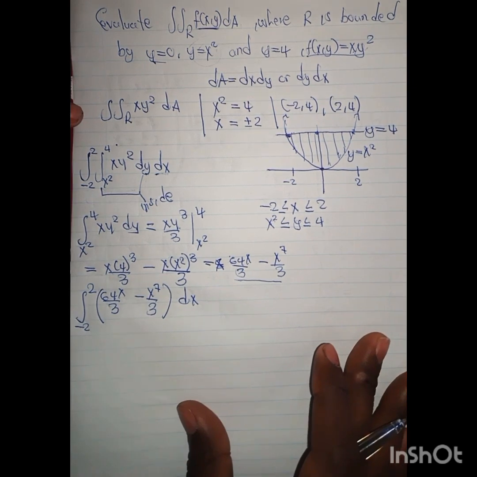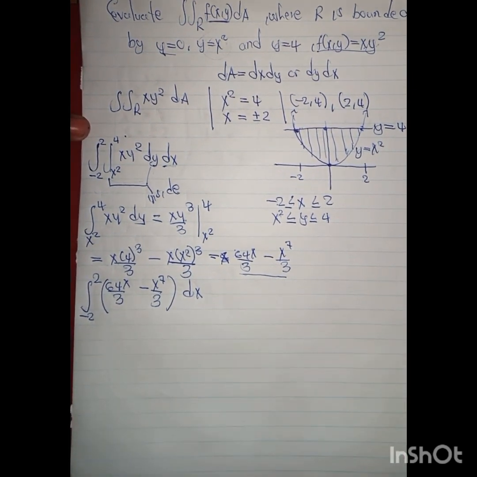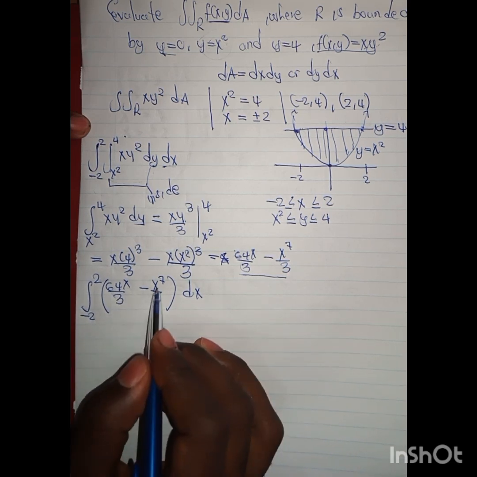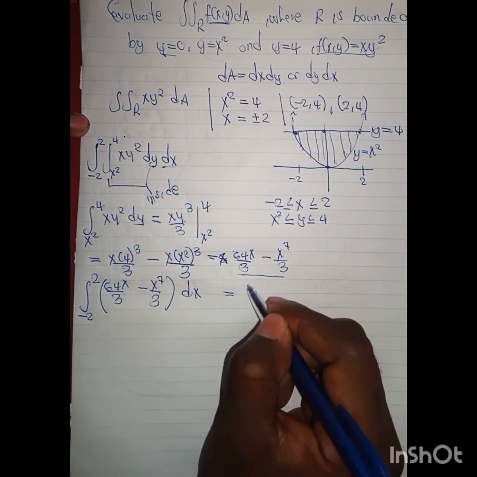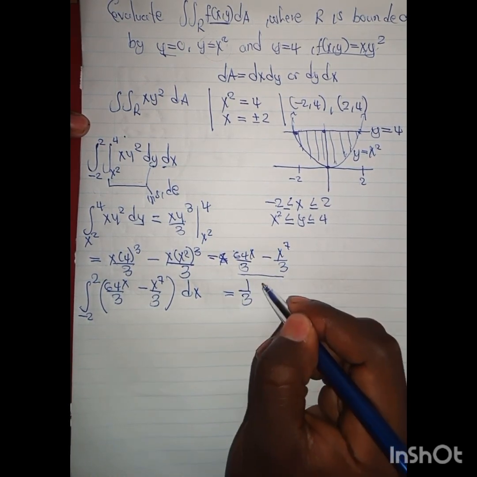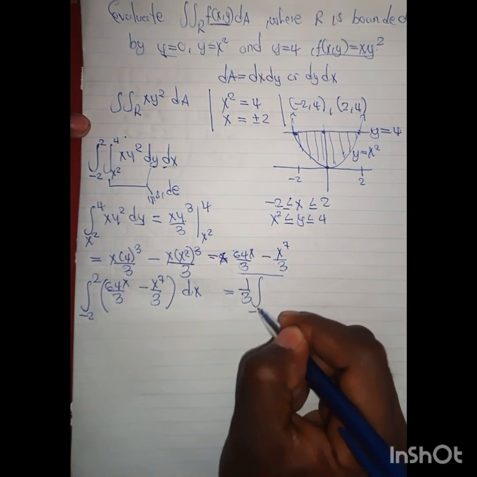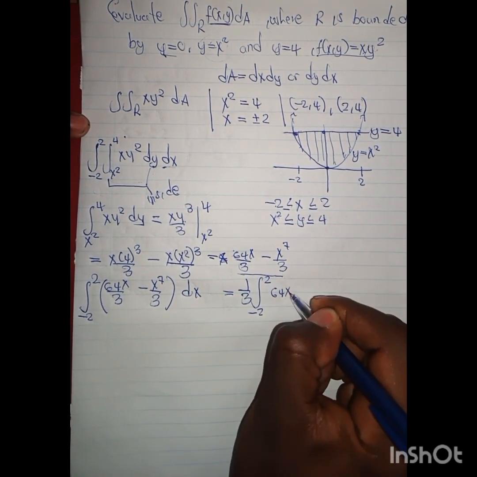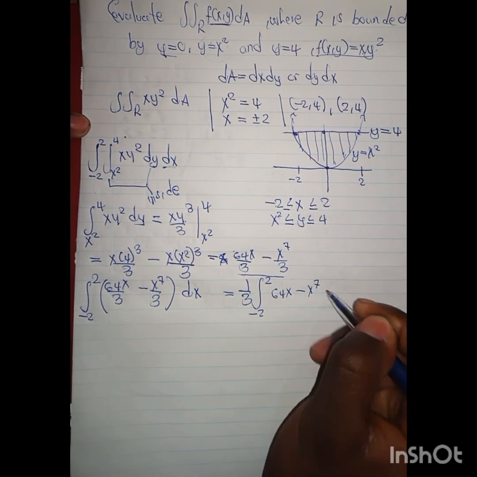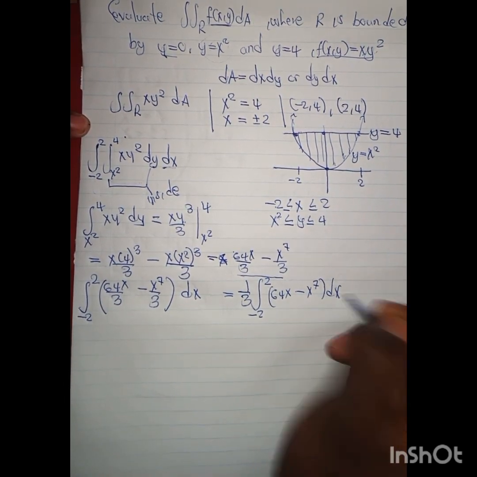You see, this is what we have right now. And then we can see that 1 over 3 is common. Let us take it out. It becomes the coefficient of our integral. We have minus 2 up to 2, then 64x minus x to the power 7, and dx will remain.